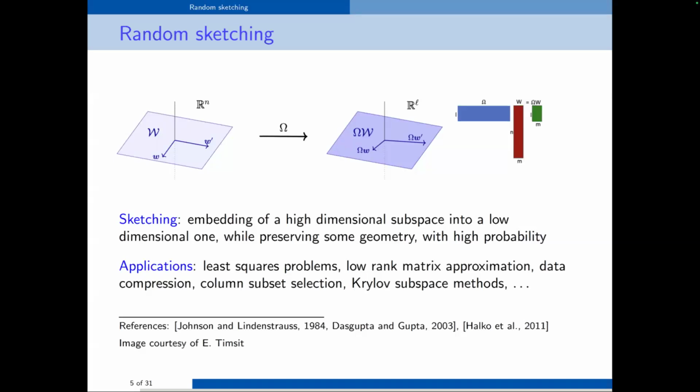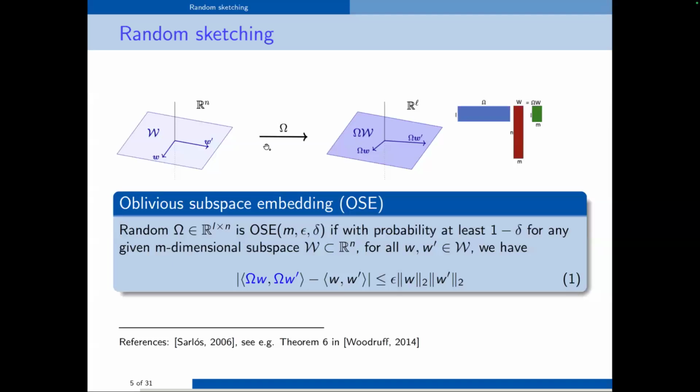And so more precisely, we say that we have a linear map, a random matrix Omega, and this random matrix is going to be an oblivious subspace embedding if for any given m-dimensional subspace W, we have with high probability, at least 1 minus delta, that if we take any pair of vectors w and w prime which belong to the subspace W, then we preserve their inner products.